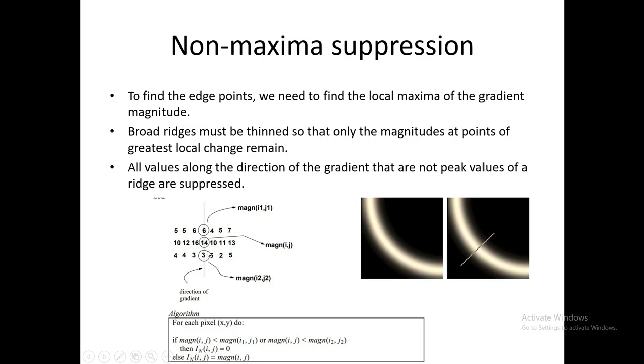There are two neighboring magnitudes, one at I1J1 and another at I2J2. If the magnitude at ij is less than the magnitude at I1J1, or less than the magnitude at I2J2, then we make this value 0, or suppress it. Otherwise we retain its value. So we get the thinned values.